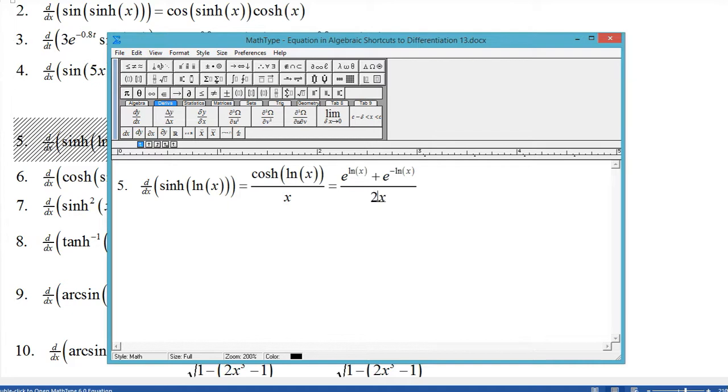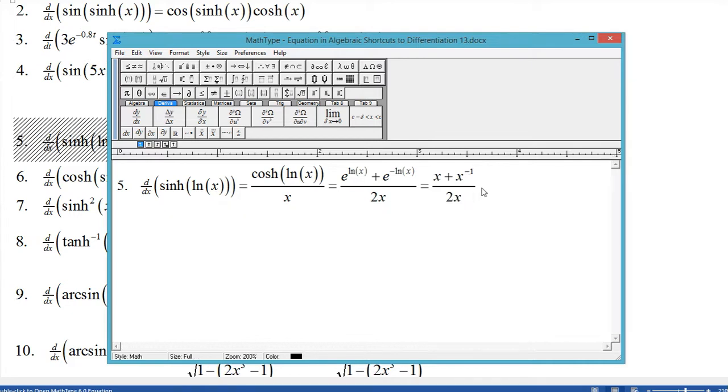So I can put that down here with the x. The nice reason why that's nice to work with is that some of this simplifies. So e to the log of x is just x, and e to the log of x to the negative 1 power becomes x to the negative 1 power.